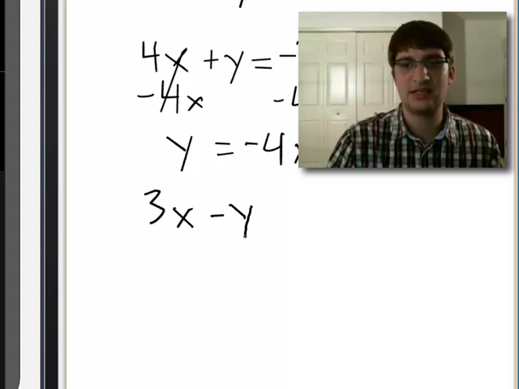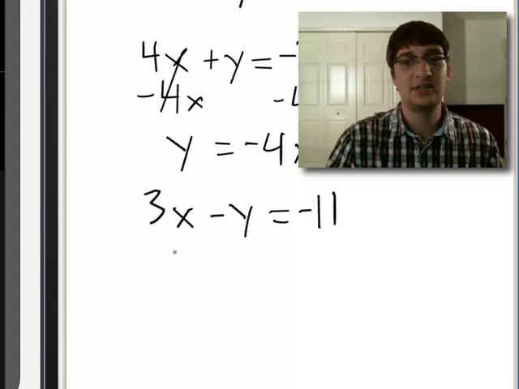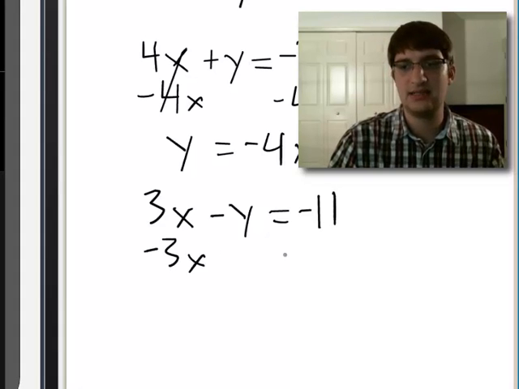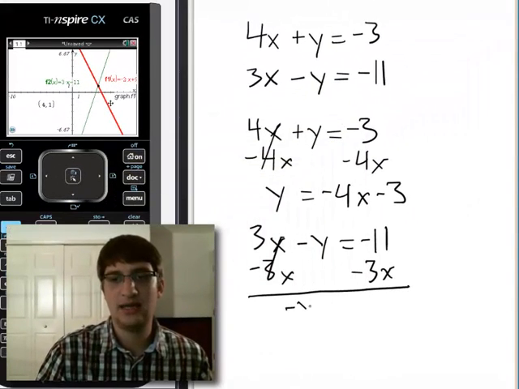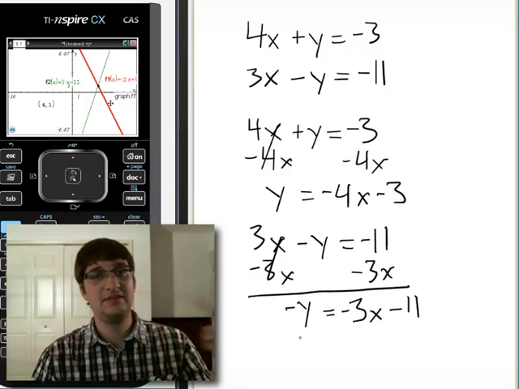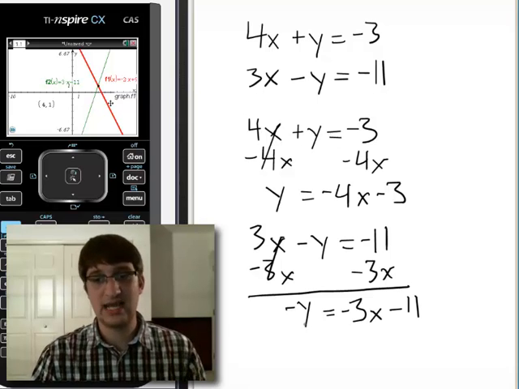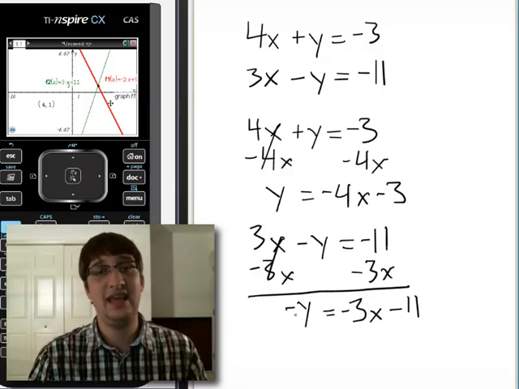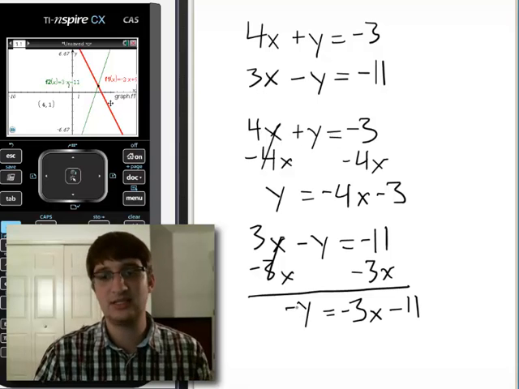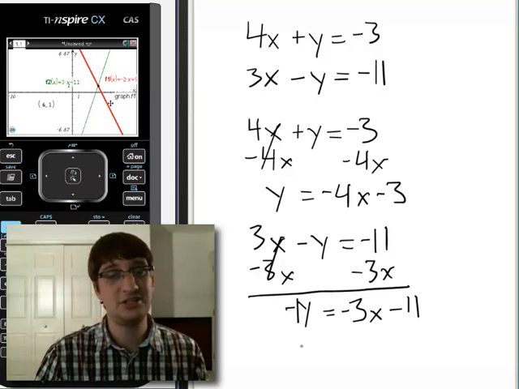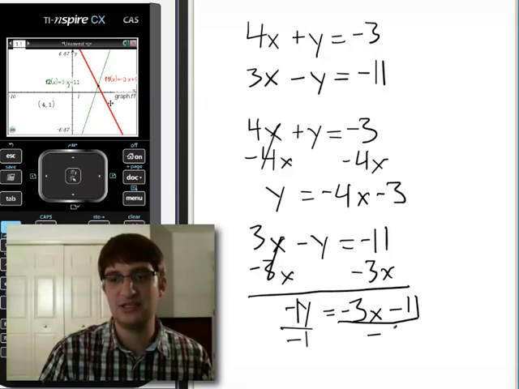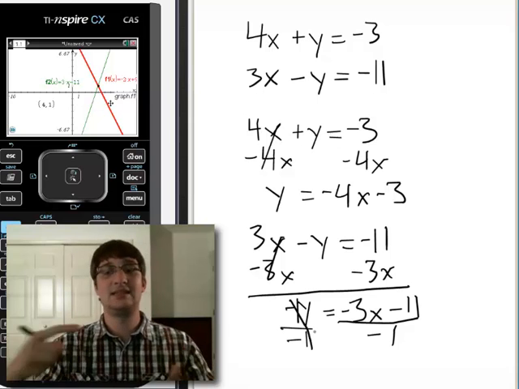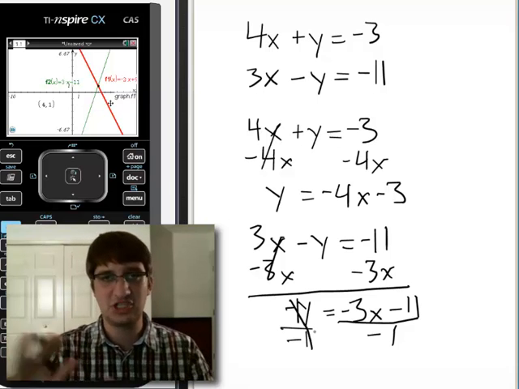I've got 3x minus y equals negative 11. I'm going to start by subtracting 3x from both sides. The 3x's cancel, and I get negative y equals negative 3x minus 11. Now I have to divide both sides by negative 1, because when you have a negative y, it's really just an imaginary 1 sitting there. Each part on the right side needs to be divided by negative 1, which for the most part just changes the signs.